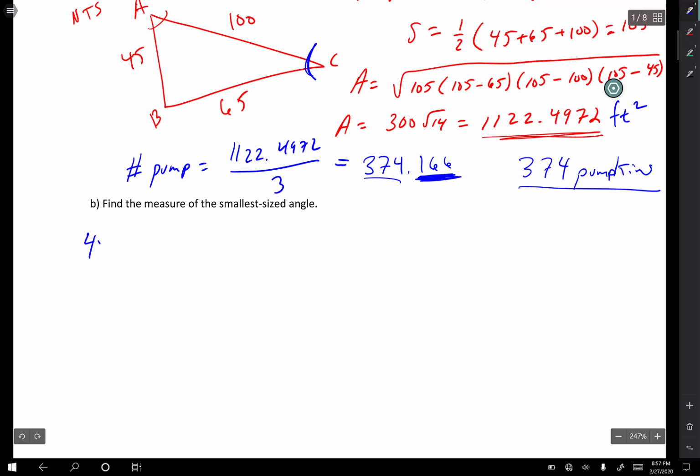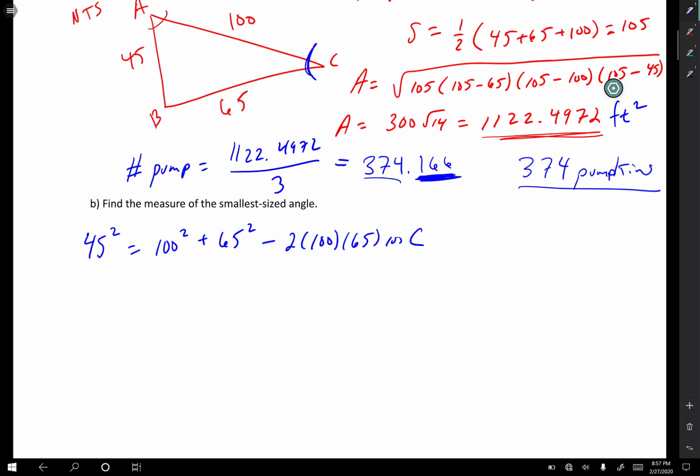So I put the 45 squared on the outside equals 100 squared plus 65 squared minus 2 times 100 times 65 cosine of C. All right, 45 squared is 2025, equals 100 squared is 10,000.